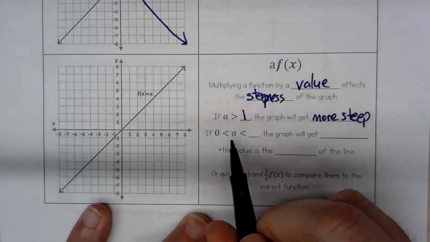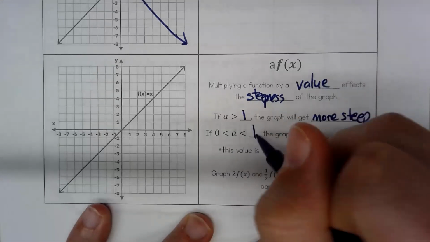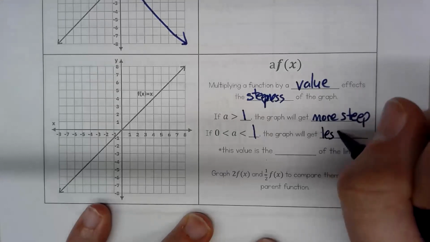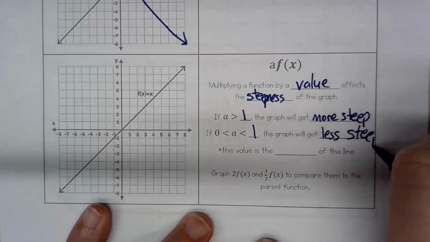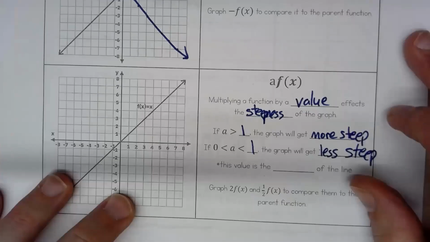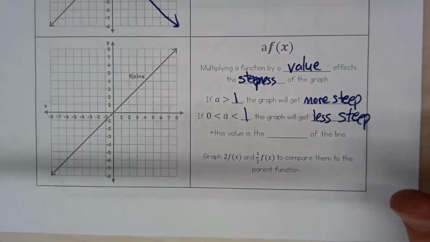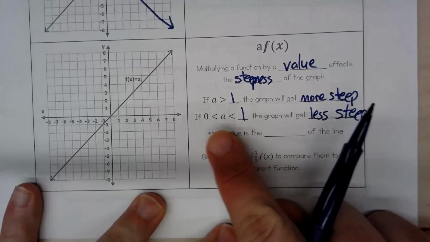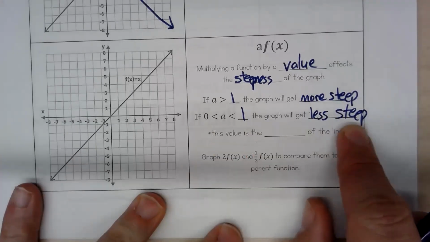If a is between 0 and 1, the graph will get less steep. And I say between 0 and 1 because if it gets negative, negative is going to make it flip over the line, right? So again, we're just looking at the value of the number, not whether it is positive or negative. If it's negative, I know it's going down, just the value. So if it's less than 1, it's going to be less steep.